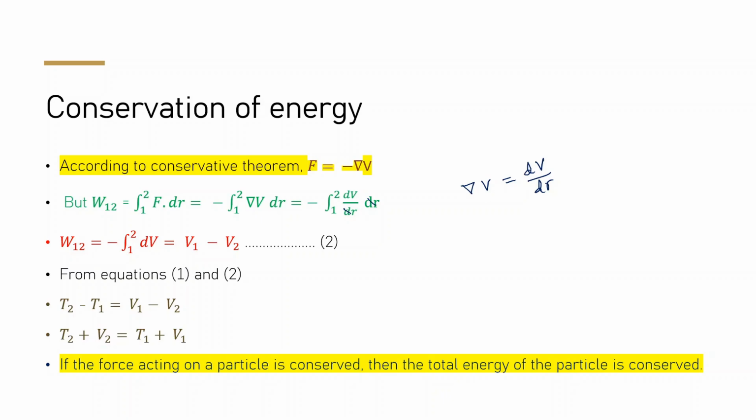W12 equal to minus integral dV. If you integrate this, minus integral dV, limit varying from 1 to 2, equal to minus of V. Then apply the limits 1 and 2. This is equal to minus, upper limit minus lower limit. If you use this negative sign, this is modified as V1 minus V2. Here W12 equal to V1 minus V2.